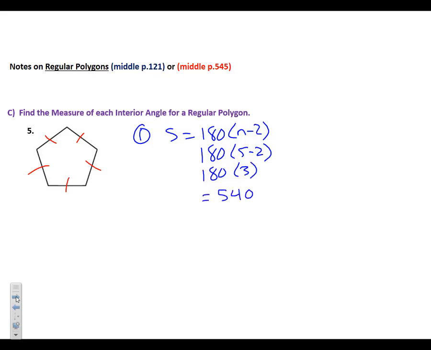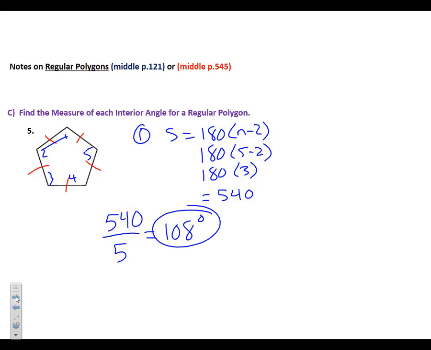Well, now that we know the total sum on the inside, all five of these angles, we know they're congruent because we know this figure is regular. So we can say, hey, 540 degrees divided by the 5 angles will tell me the angle measure for each one of those, and that comes out to 108 degrees.